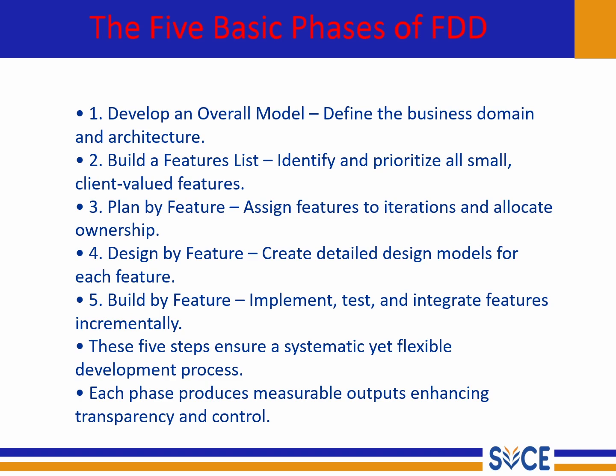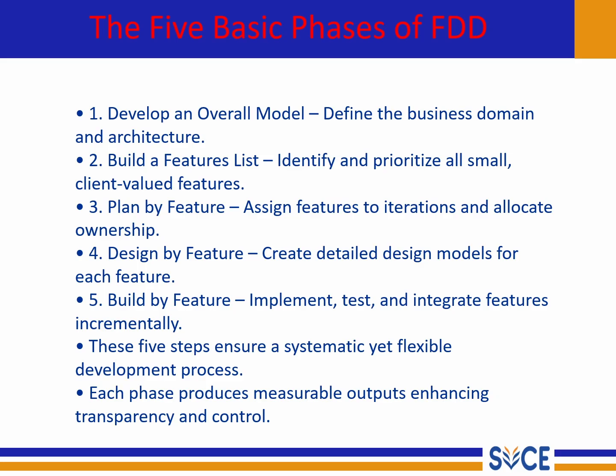The first phase is to develop an overall model. In this phase, the team works to define the business domain and architecture. Simply put, this is where we understand what the system is all about. We create a big picture model, something that helps everyone visualize how the system functions as a whole.